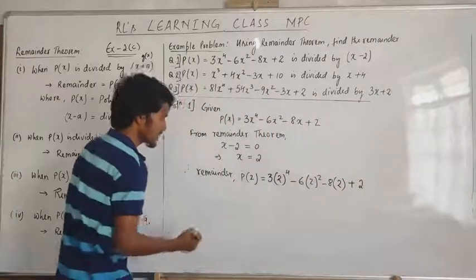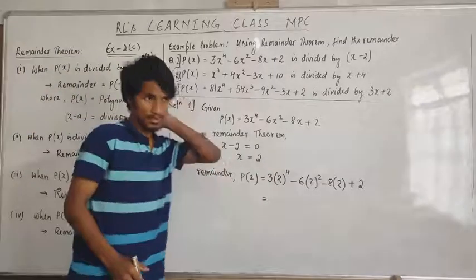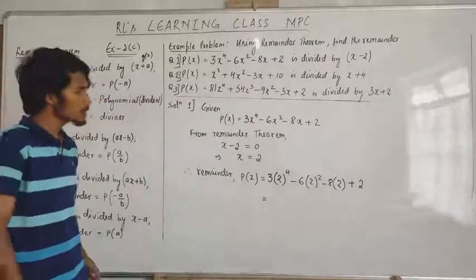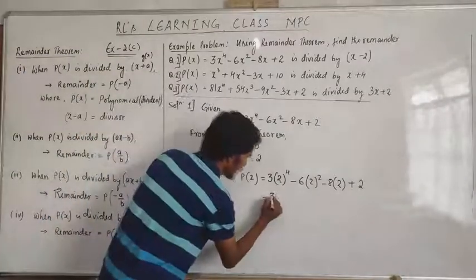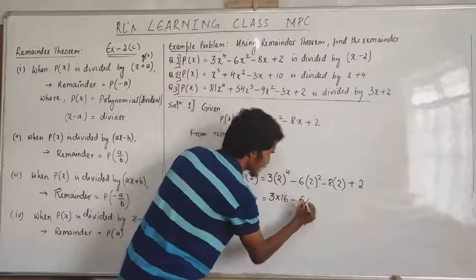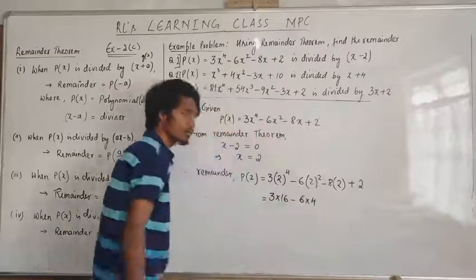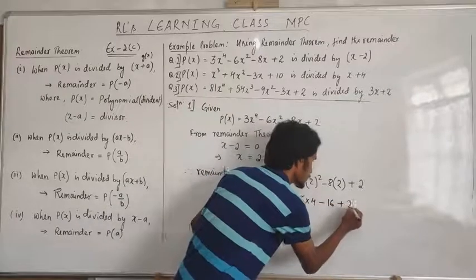Now, how much is the remainder? 2 to the power 4 will be 16. Then 3 into 16, then minus 6 into 4, then minus 8 into 2 which is 16, then plus 2.